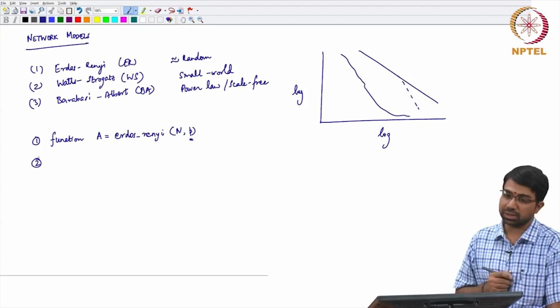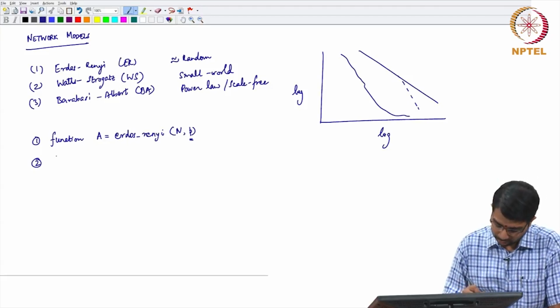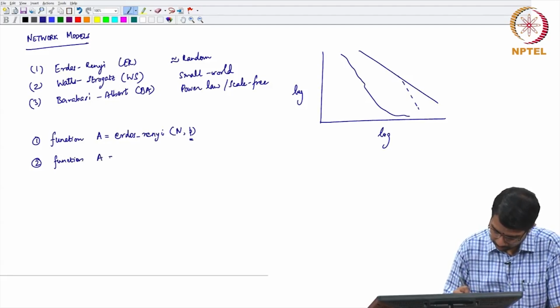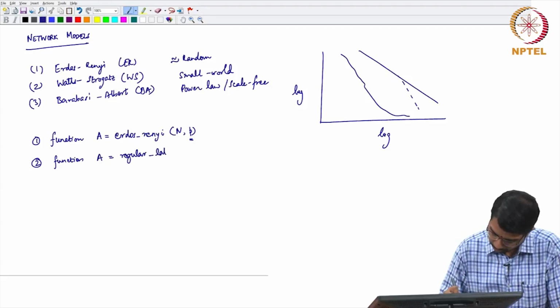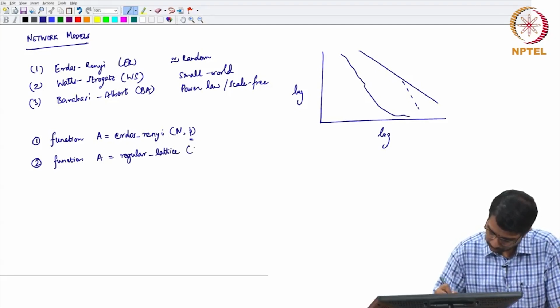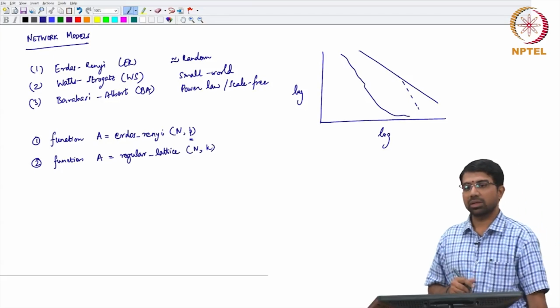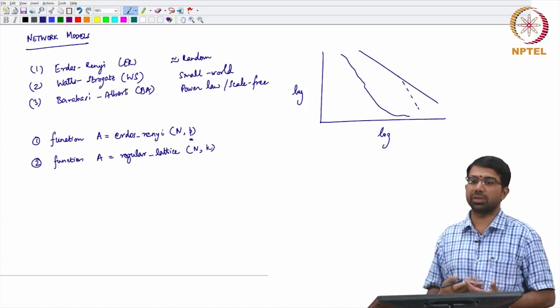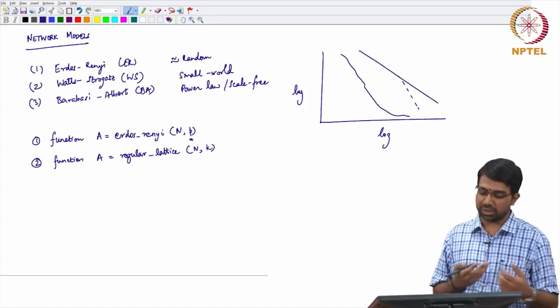In the second case, you start with a regular lattice n comma k. You now have to assemble this adjacency matrix. How do you assemble this adjacency matrix?